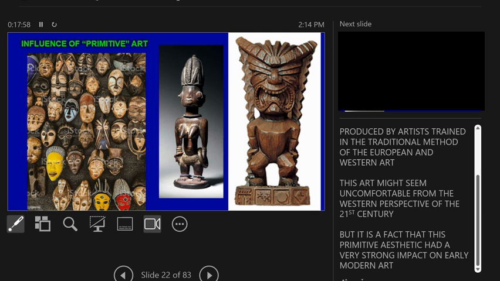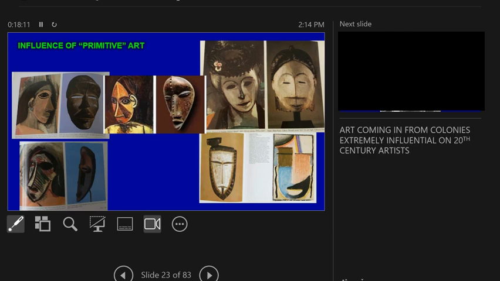This art might seem uncomfortable from a Western perspective, but it is a fact that this primitive aesthetic had a very strong impact on early modern art. So here are some African masks put next to faces in modern art, and you can see that these modern artists are looking directly at African masks as an influence on their art.